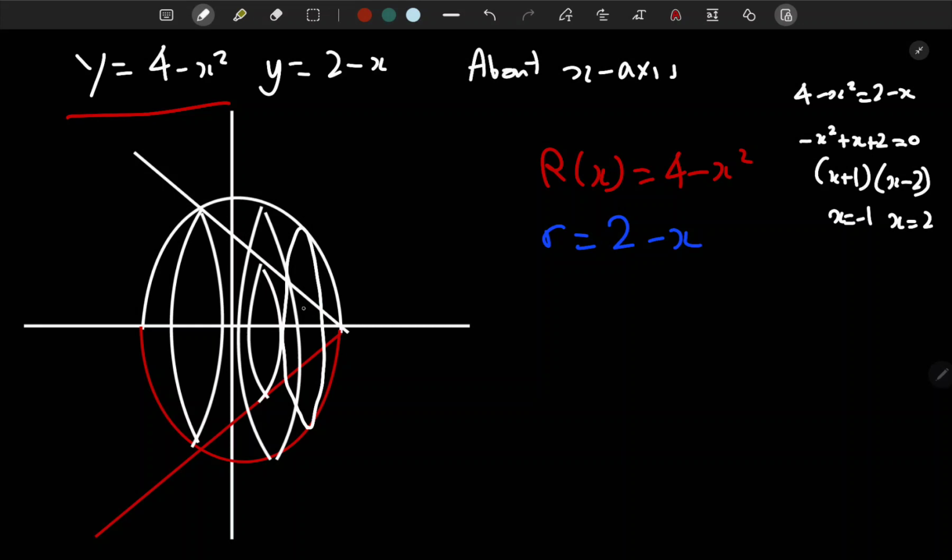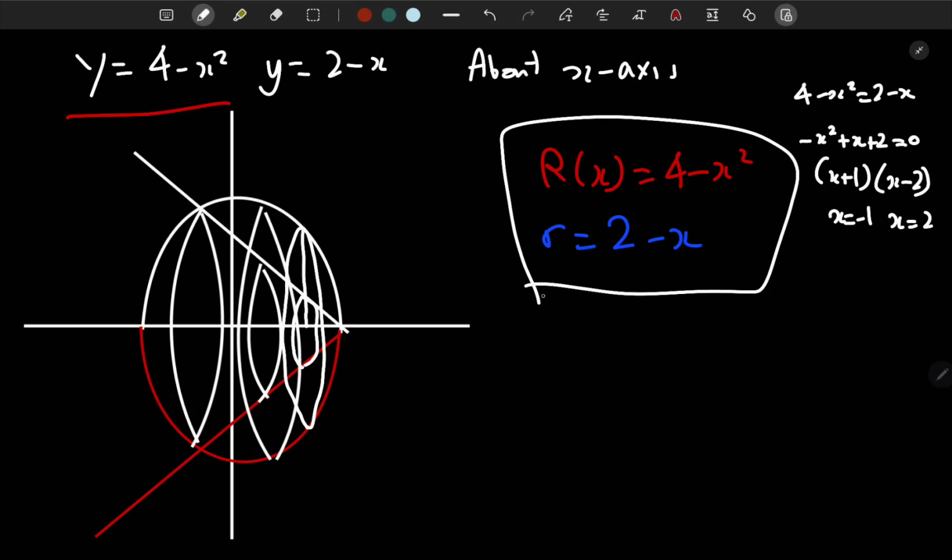So here the inner disk would be from here till that line, and it is always bounded by the straight line, and the outer disk is always bounded by the parabola. So here the smaller disk radius would be this part, and the larger disk radius is always from here to here, which is bounded by the parabola, and the smaller disk is bounded by the straight line. So that is why we chose this here.